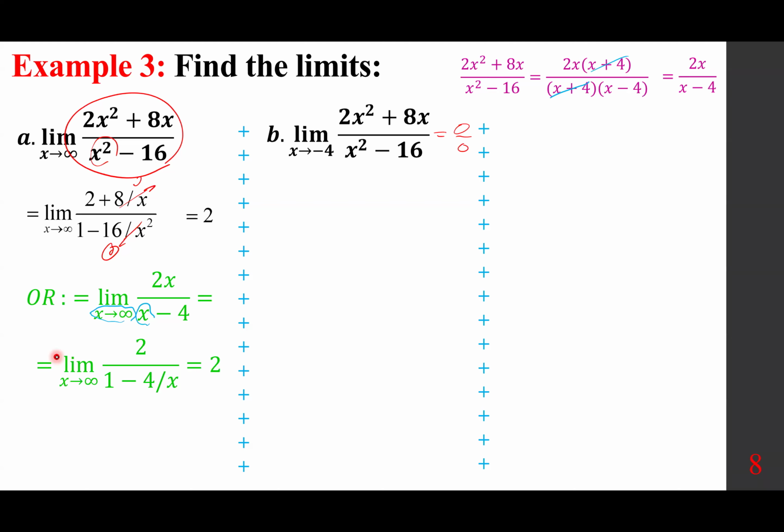That is the best course of action, which means we are going to work with the factored form. That's the same rational function that we had here. Okay, so we're going to work with that. Now what happens? Just plug in.